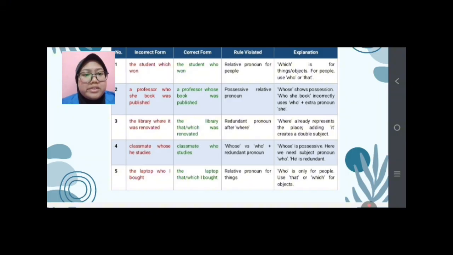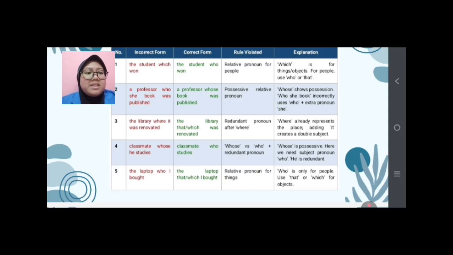Classmate was his study. Classmate whose study. Was plus whose plus redundant pronouns. Here we need a subject pronoun, who. He is redundant. The laptop I bought, corrected to the laptop that or which I bought.